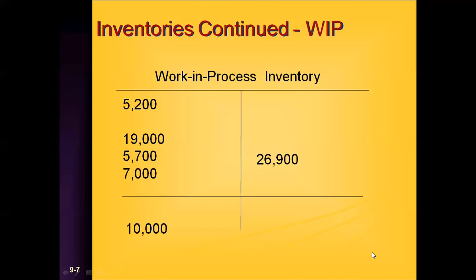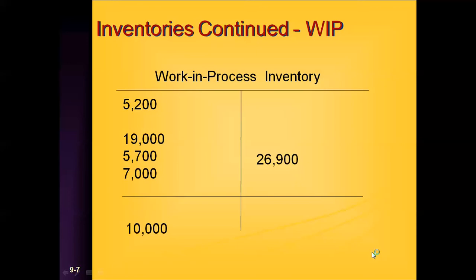We're going to continue on with the inventory part of manufacturing, and we talked about direct and raw materials. Now we're going to talk about work in process inventory. As I mentioned earlier, the acronym for this is WIP.